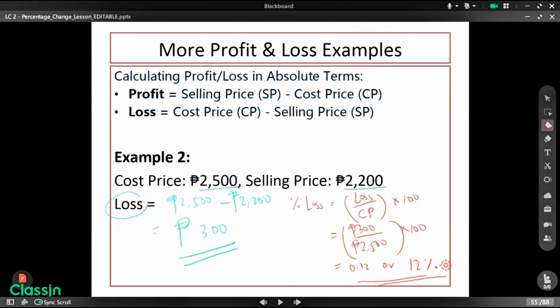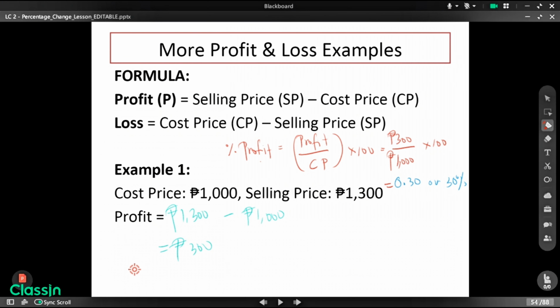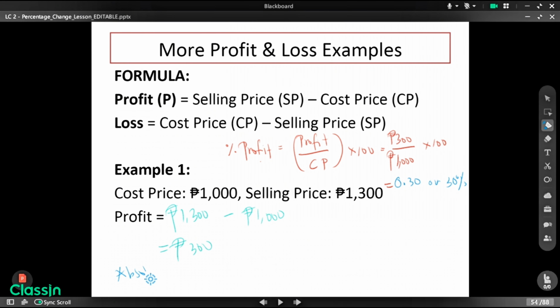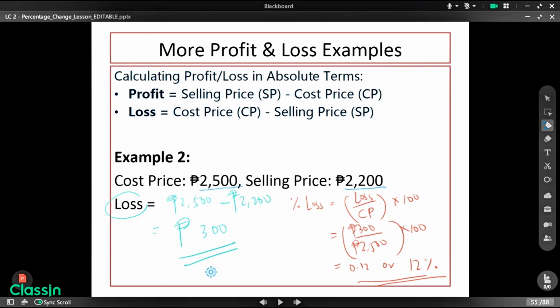That's how it works. This is the absolute, and this is your percentage. Same with here, absolute and percentage.